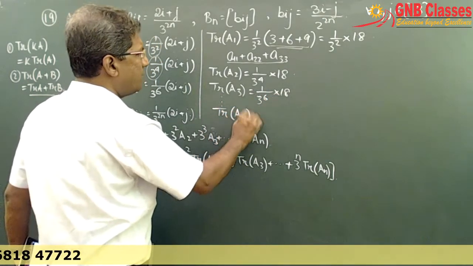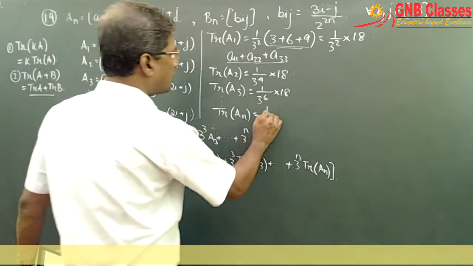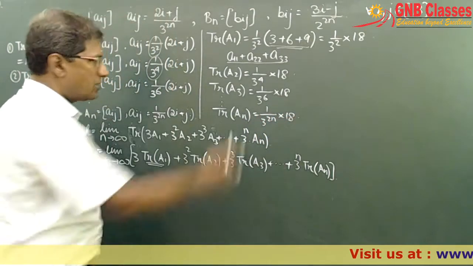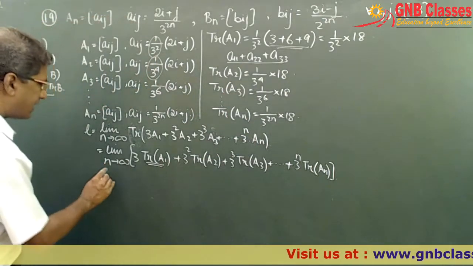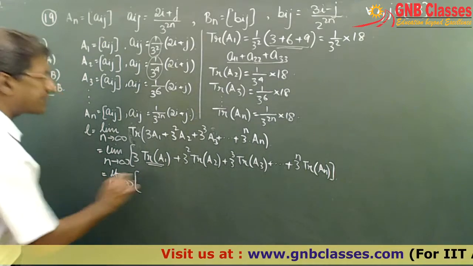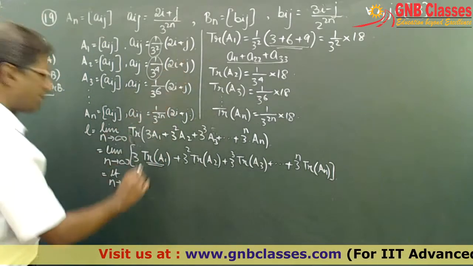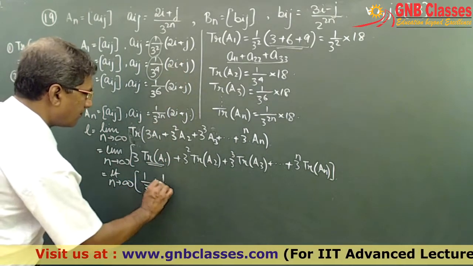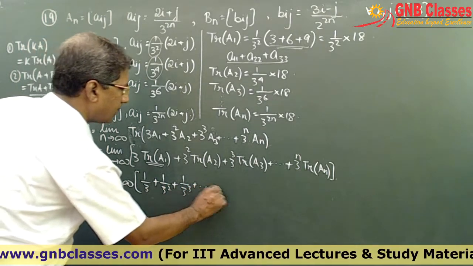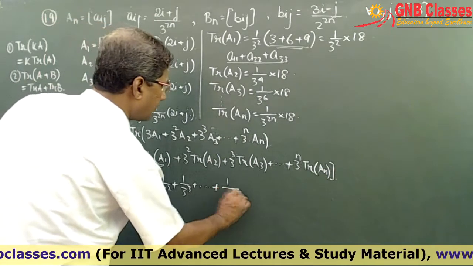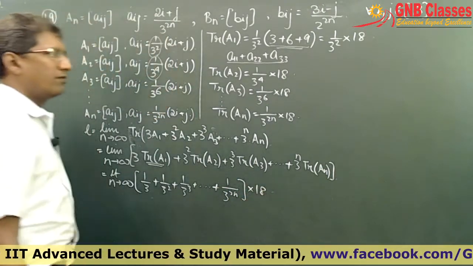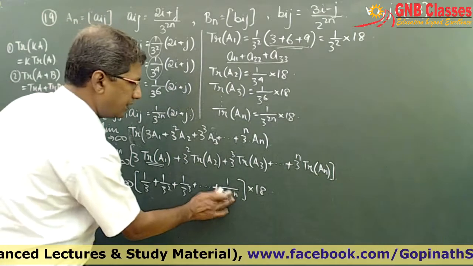Your trace A_n will be 1 by 3 to the power 2n, again 18, right? Now if I put all those values here, and if I take 18 common, we are going to get something like this. Is it clear?